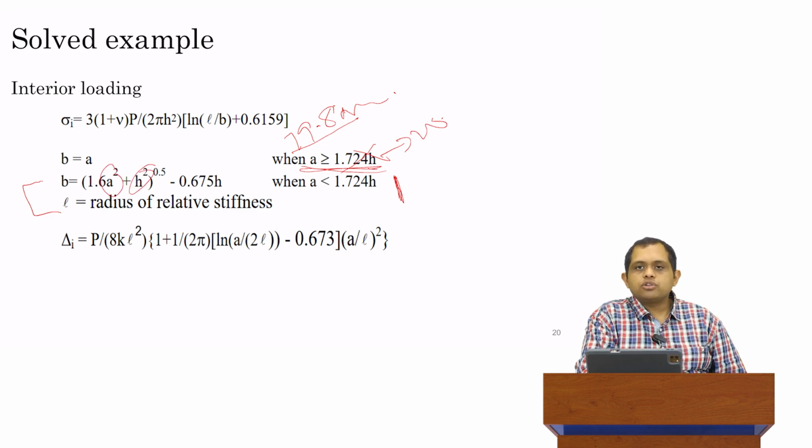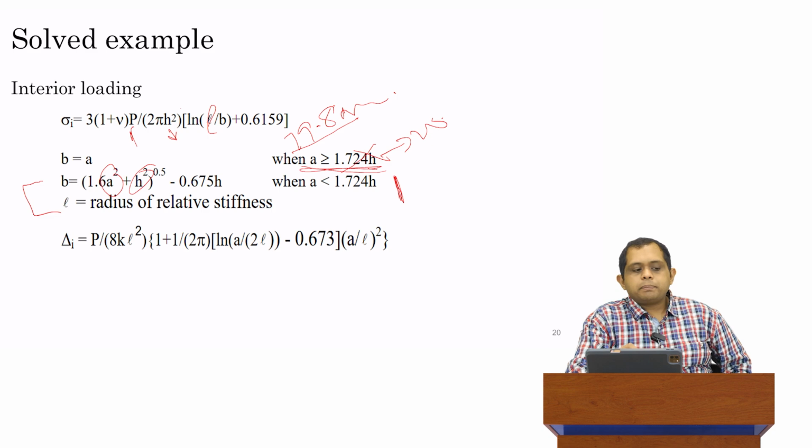You can go ahead and calculate it. Again, make sure that all the units are in millimeters. And here again, P is going to be 20,000. H is going to be in millimeters, so it's 200 square. L is in millimeters, B is going to be in millimeters. What you want to do in practice when you're doing these calculations, do it systematically. Calculate ln of L over B first, then add it to this term first.